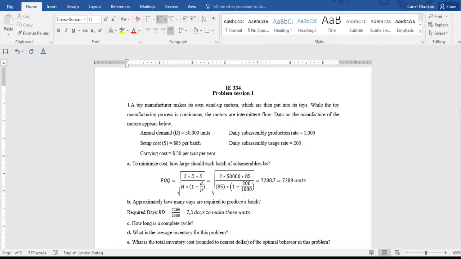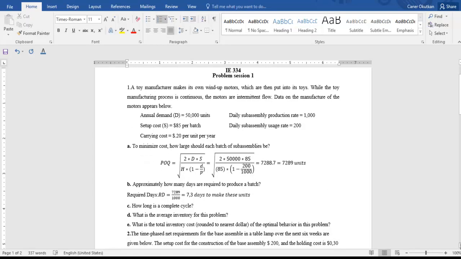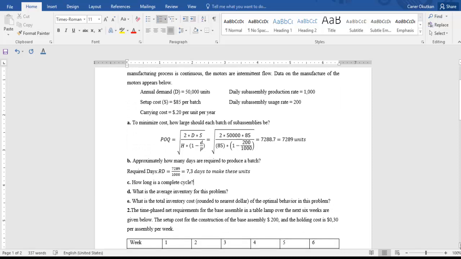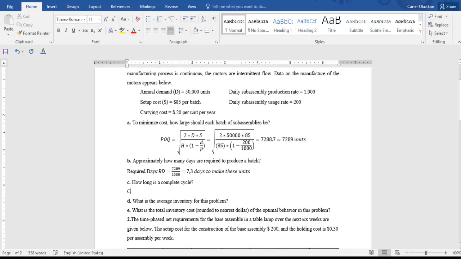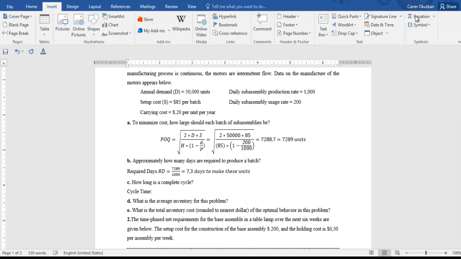So we pass to question C. How long is a complete cycle? So we have to find the cycle time. Insert the equation.